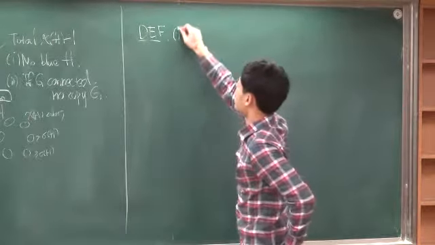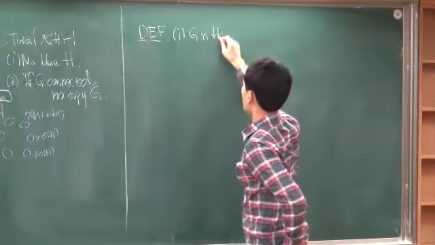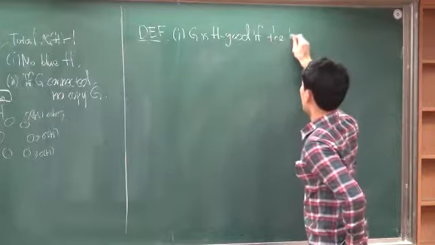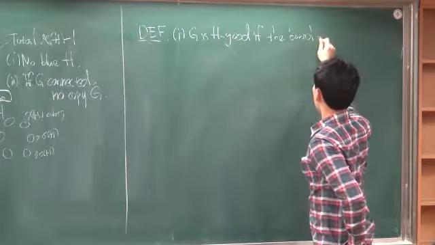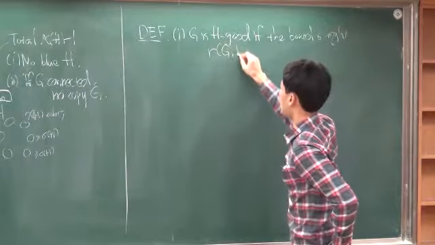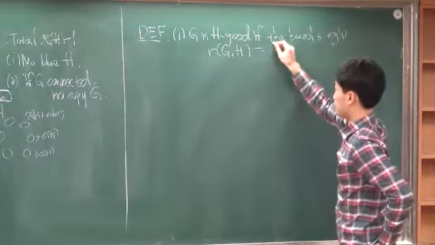And we say that G is H good if the bound is tight. So in other words, if the Ramsey number of G against H is exactly that.